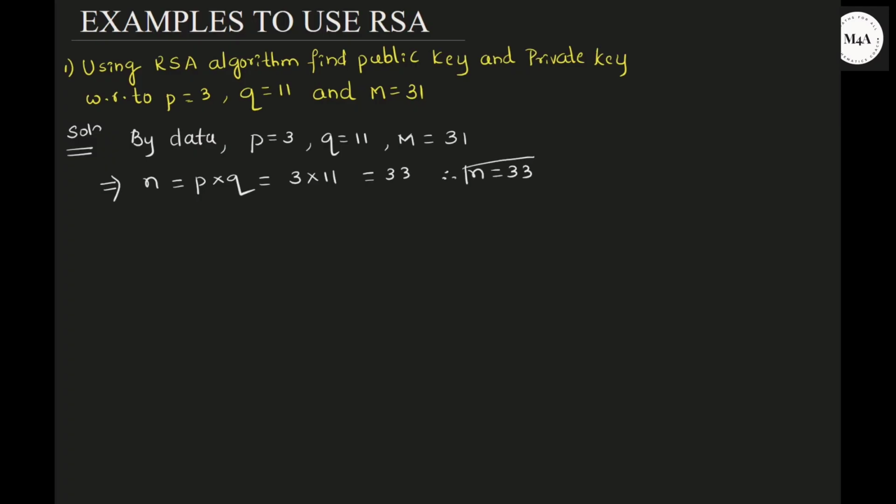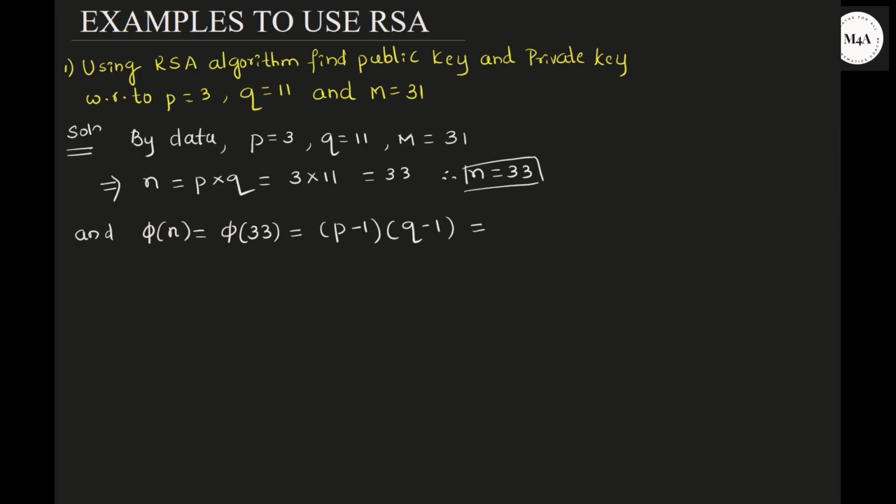N is 33. Next, we need the totient function, phi of N. So phi of 33. What is the formula? It is P minus 1 into Q minus 1.